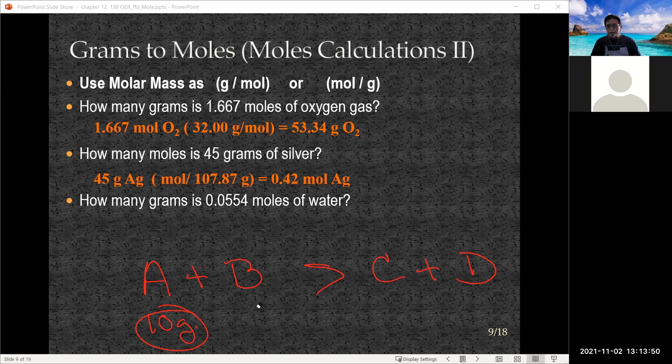You might be asked, based on that one reactant, to calculate how many grams of C I need. The relationship is between A and C. Because I don't know how many grams of B I have, I can't do what I just did earlier, but I can do it by converting everybody to moles. If I start off with 10 grams of A, I convert A into moles. From moles, I can go directly to moles of C, and from C, I can go into the grams.